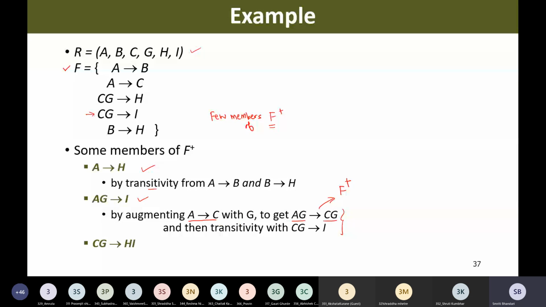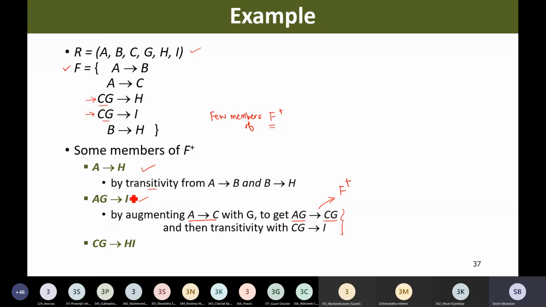Now, let us see one more, CG to HI. How are we coming up with this? Anybody? How are we coming up with this CG to HI? By union property. Yes, correct. Very true. So we have two functional dependencies here, CG to H and CG to I. For these two functional dependencies, the left hand side is the same.